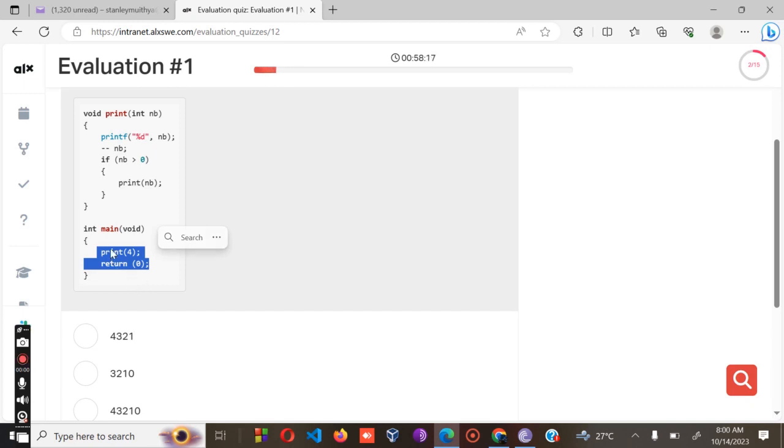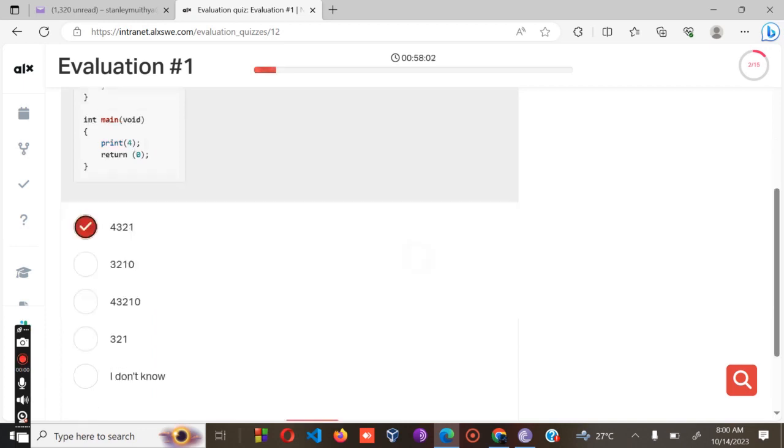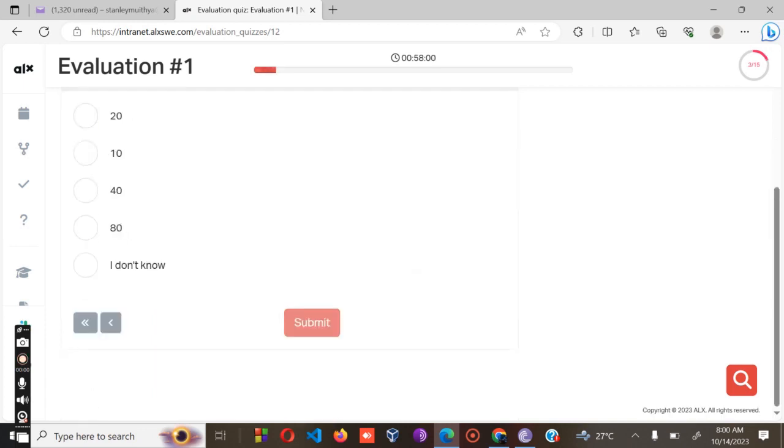If you look at this one, it's a 4, so it's supposed to print 4, which is equal to 0. So ascending should be the answer. The correct answer is supposed to be number 1.